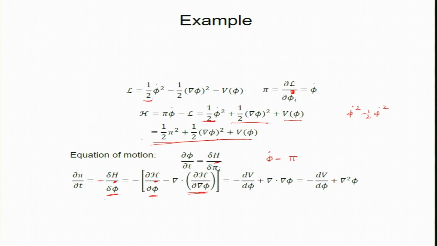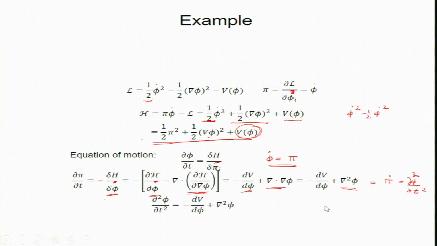The dependence on phi comes from V of phi, and partial H partial grad phi will give us grad phi, and then the divergence. The divergence of a gradient is the Laplacian. So this is pi dot, and pi is phi dot, so this is nothing but phi double dot. I am just using this relation.